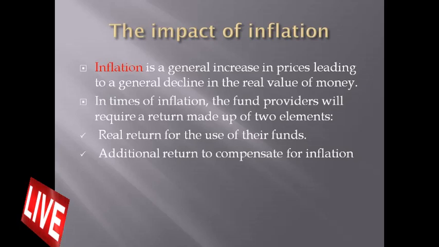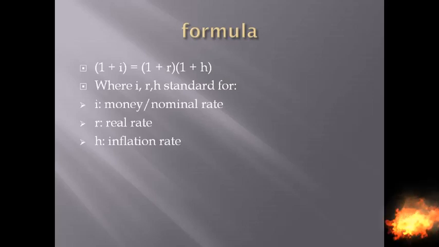This is the formula we use when calculating the nominal rate. We take 1 plus i, which is equal to 1 plus r multiplied by 1 plus h, where i is the nominal rate, r is the real rate, and h is the inflation rate.